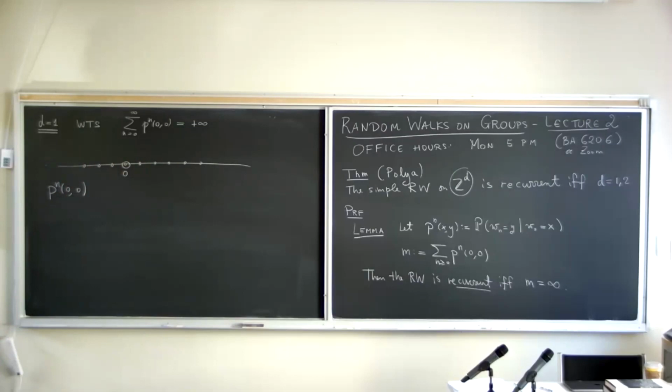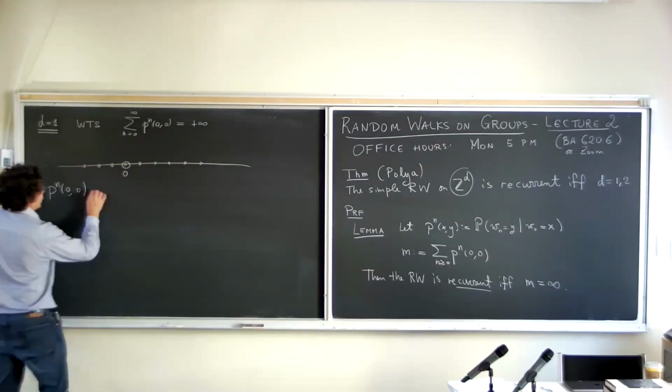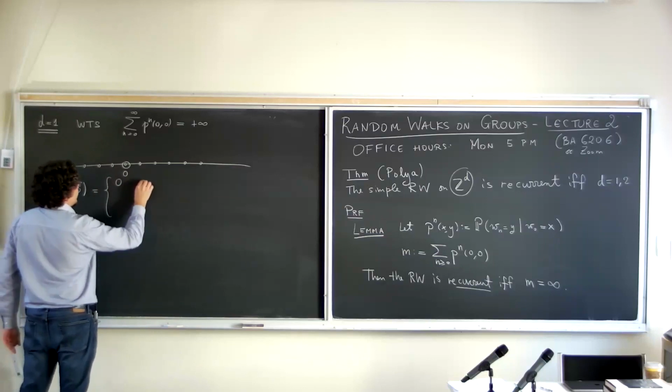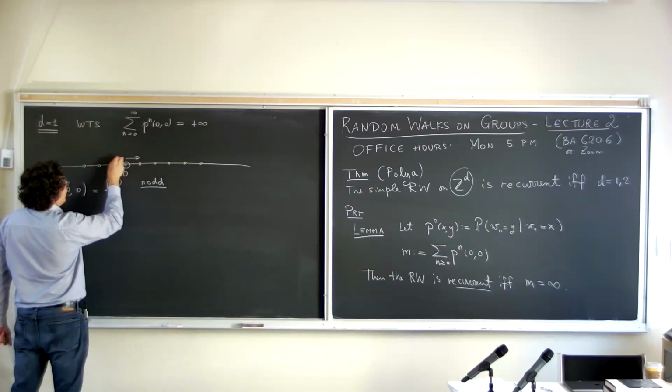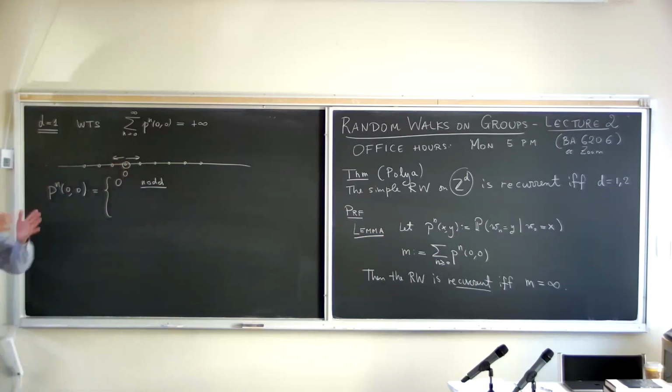Does anybody? Some of you have probably seen it before. Yeah, that's a good point. So it's 0 if n is odd, because every time you have to go either right or left, and the number of rights has to be equal to the number of lefts. Right.